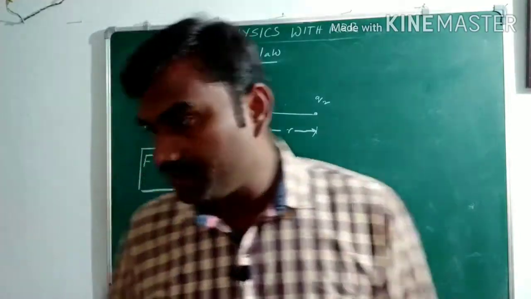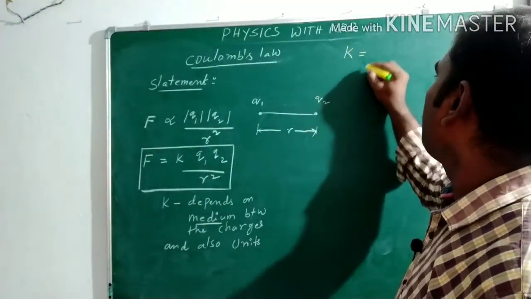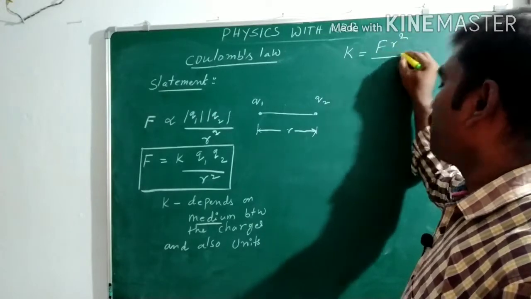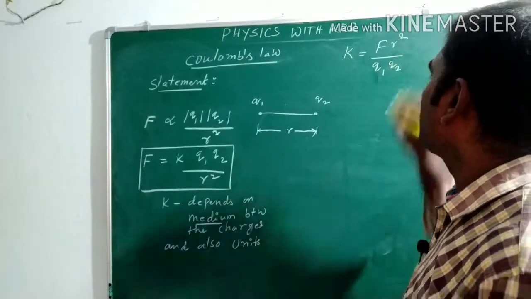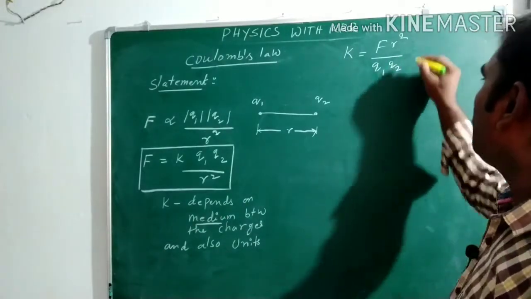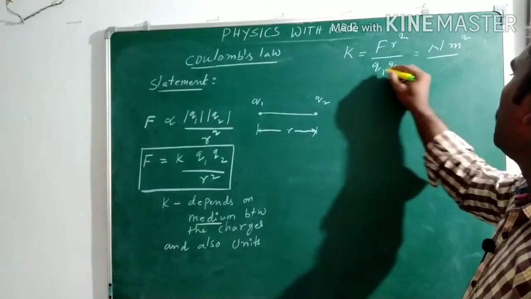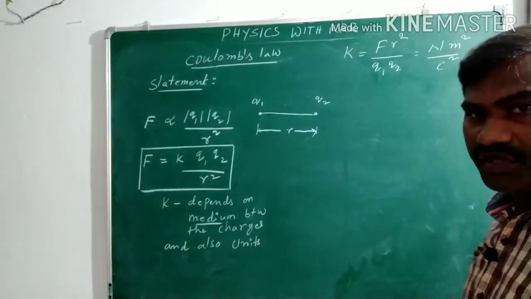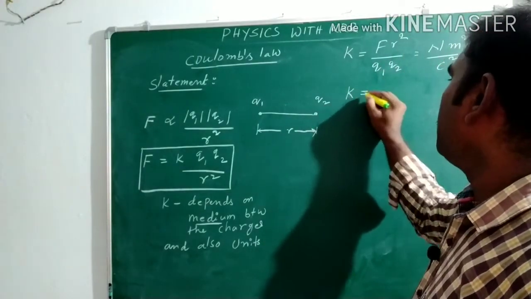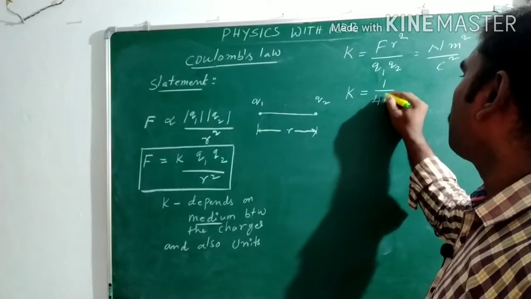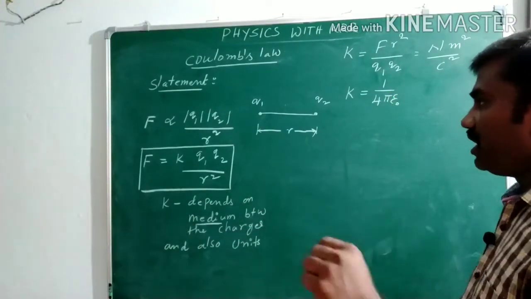So in general we can take K is equal to F R square by Q1 Q2. Now for units, we can represent Newton meter square by Coulomb into Coulomb. This is Coulomb square. Now we can express the value of K is equal to 1 by 4 pi epsilon naught. Epsilon naught is the permittivity of air or vacuum.